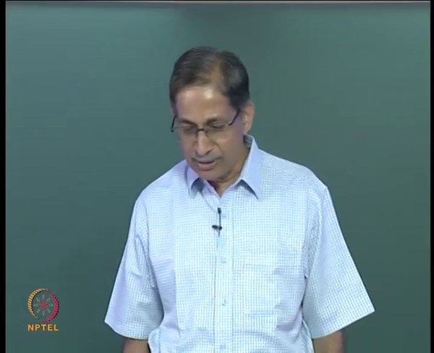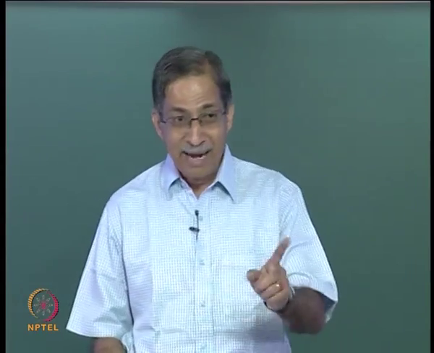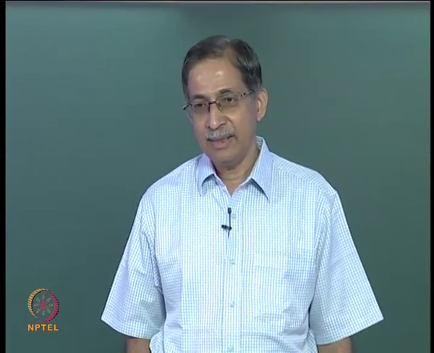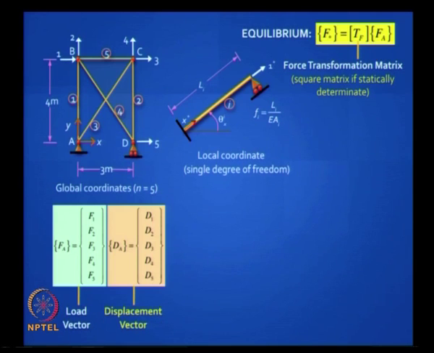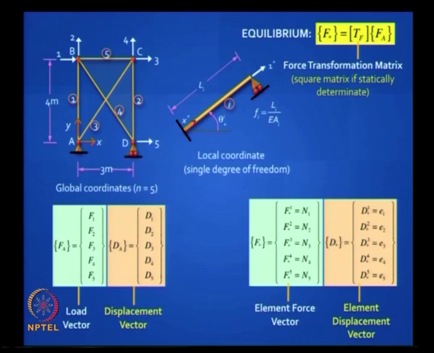So this is my force transformation matrix. 5 by 5, it turns out to be a square matrix. It is a unique matrix, it is interesting. So FA has 5 components, DA has 5 components, they refer to the joint movements. You know what F1 is, you know what D1 is, F2, D2, etc. This is external. What about internal? F star also has 5 because there are 5 bars.